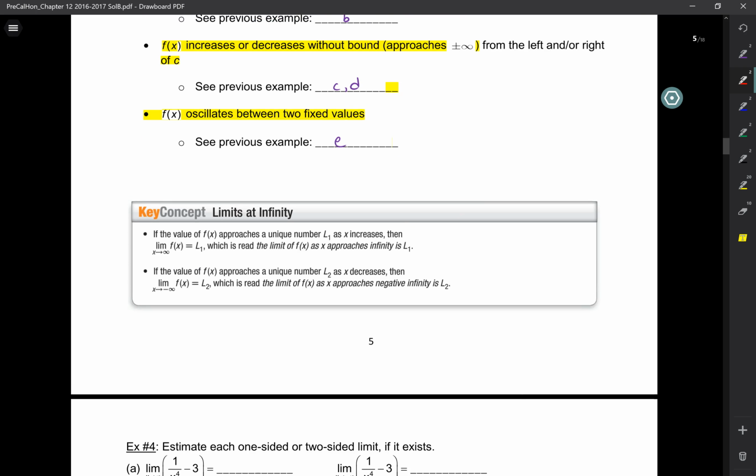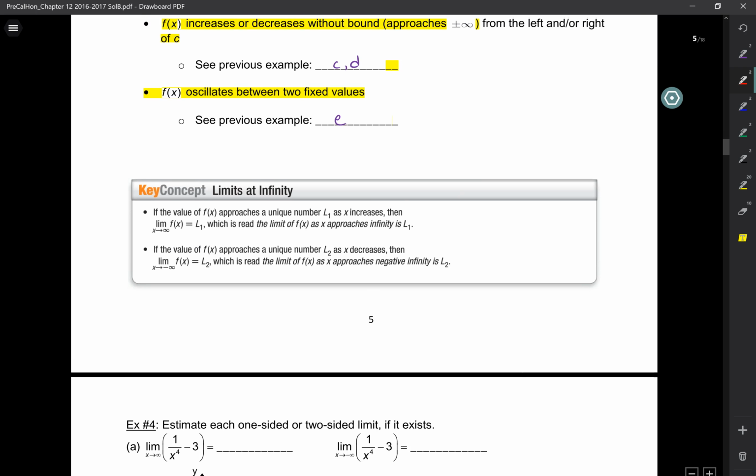Now, we're going to talk about what happens as x approaches infinity or negative infinity. Before, we used to call this end behavior, remember? What it's really called is the limit at infinity.